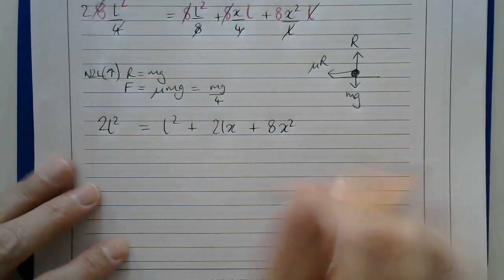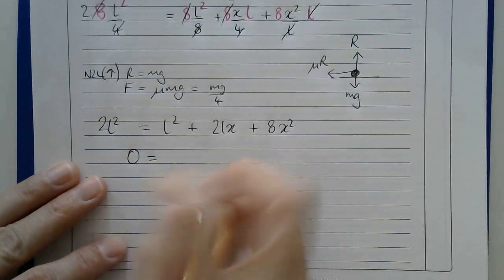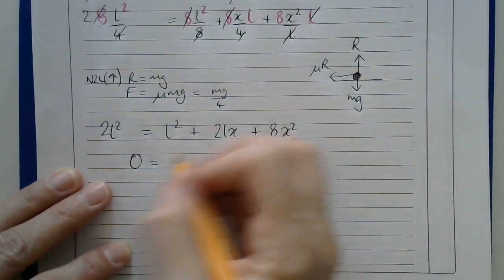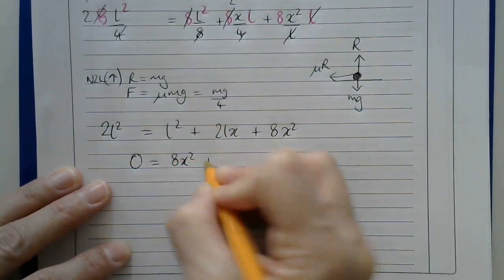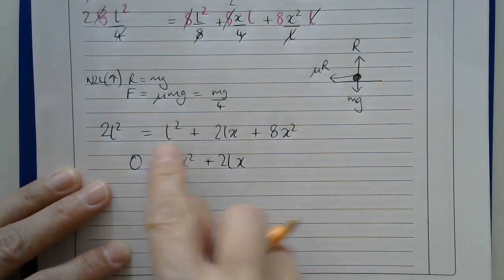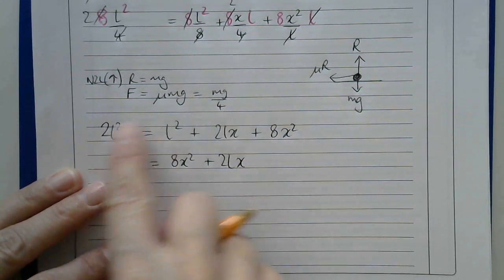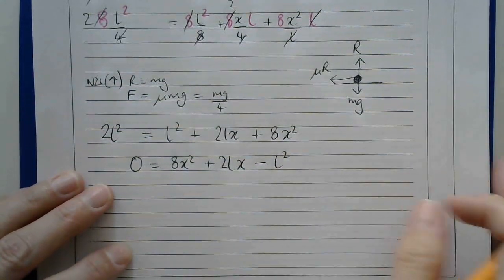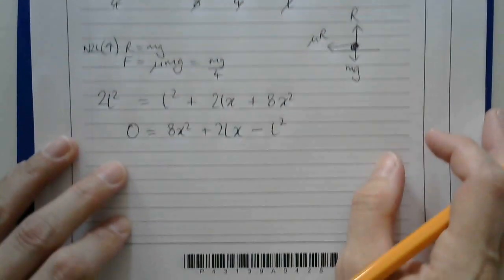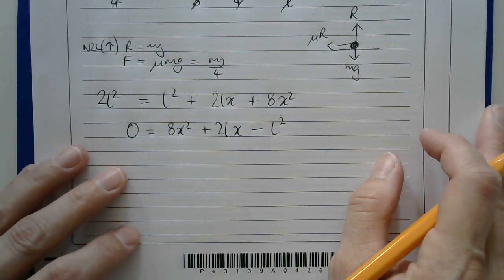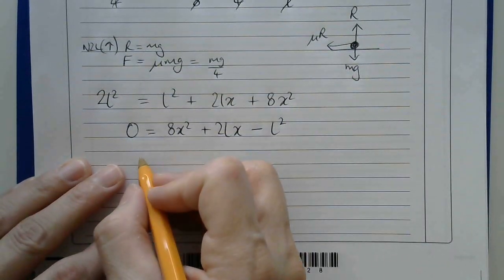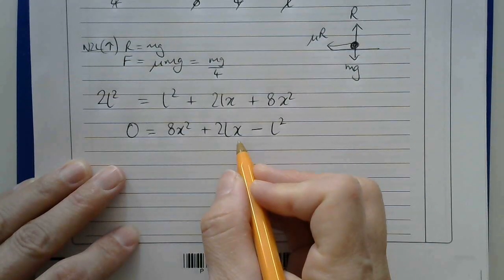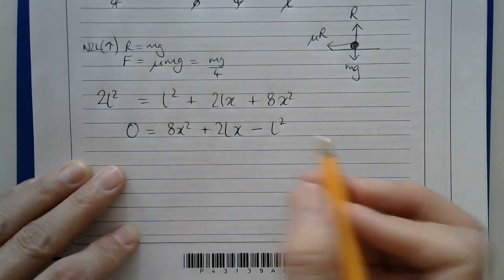So rearranging this so that I have 0 on one side, I've got 8x squared plus 2Lx, and here bringing this over here I end up with minus L squared. So I can now work out what x is.